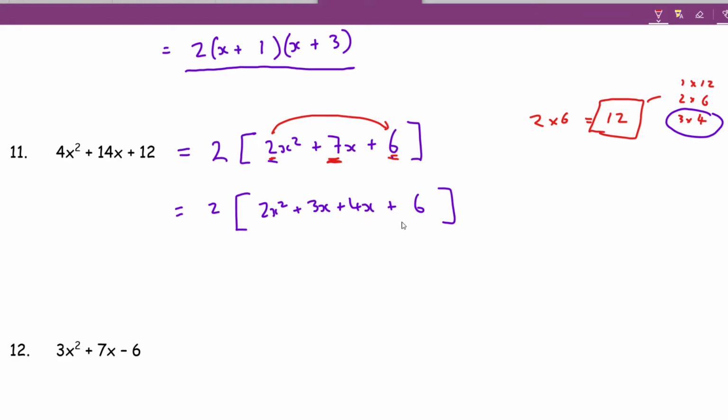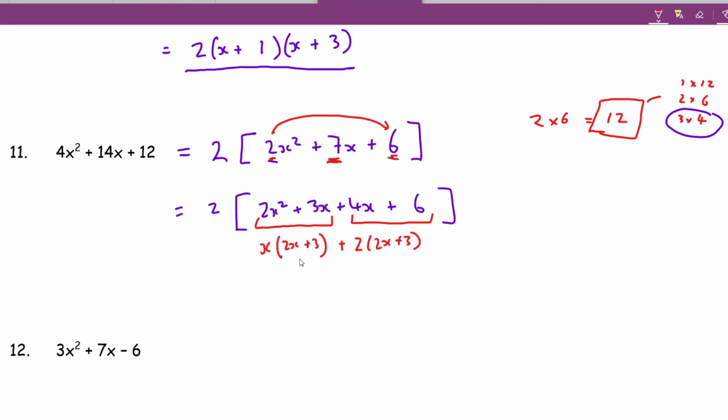Now, what you then do is, because this is where the little trick happens, you factorize both of these two terms separately, and you will end up with a common factor, which is then further factorized. So in here, x is common in each of this, so I'm going to end up with x, open bracket, 2x plus 3, plus, now what's common in these two is the 2, so if I take the 2 out, I end up with 2x plus 3.